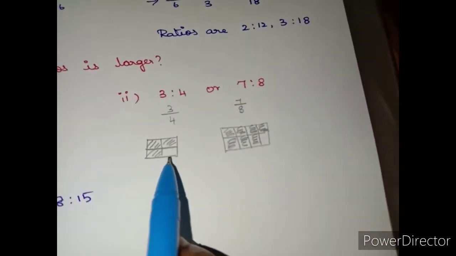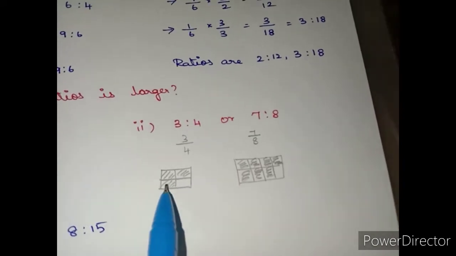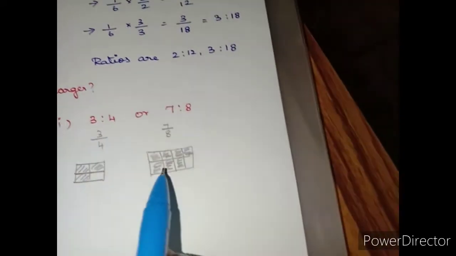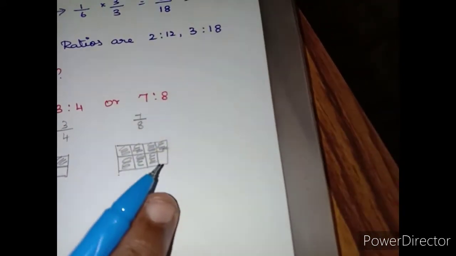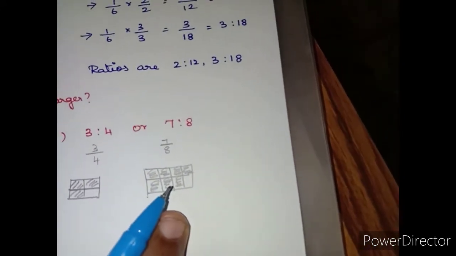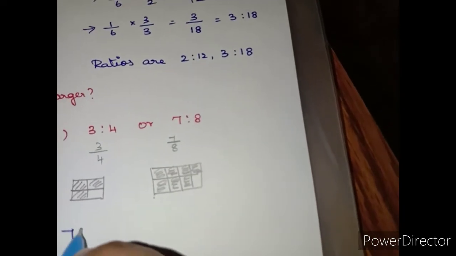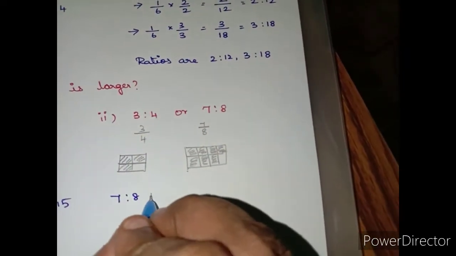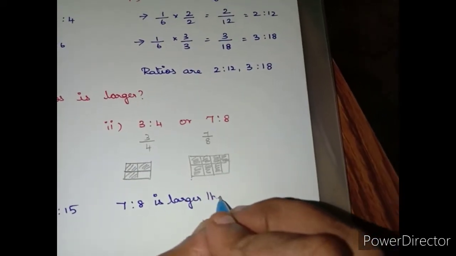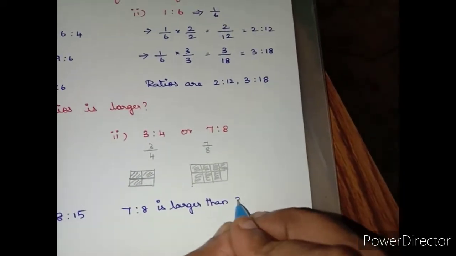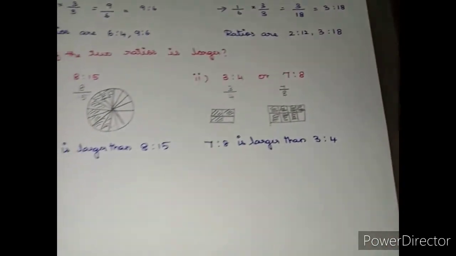Here, out of 4 parts, 3 parts is shaded. Here, out of 8 parts, 7 parts is shaded. So which one has less space? 7 by 8. So 7 is to 8 is larger than 3 is to 4. Can you do the third one as homework?